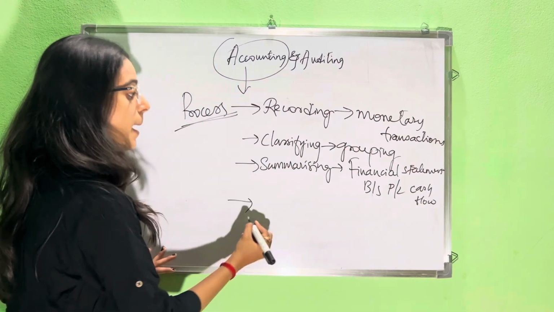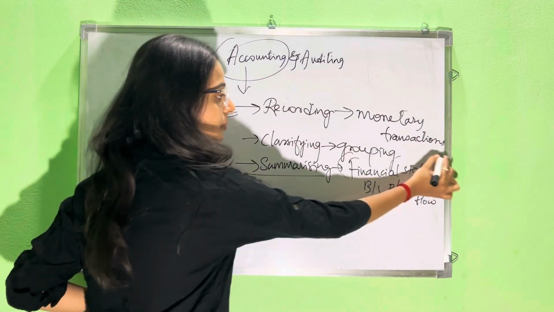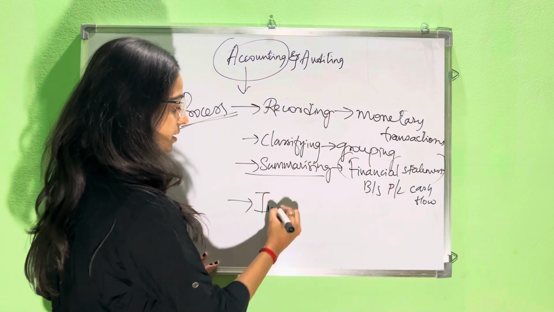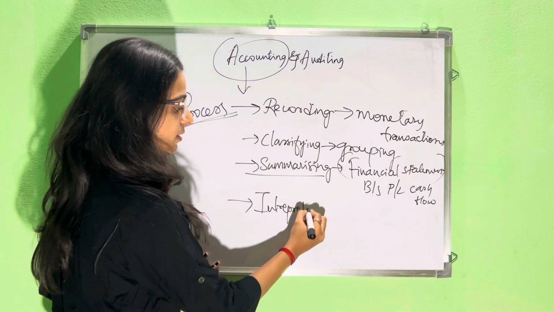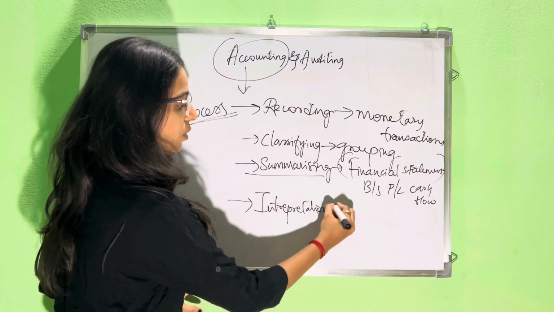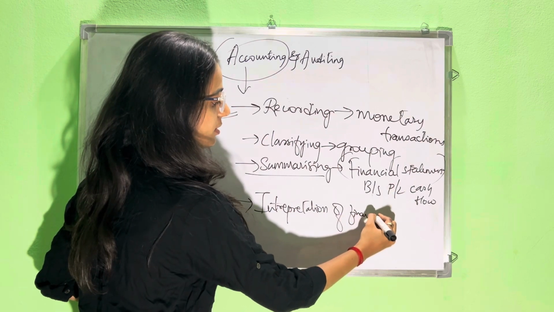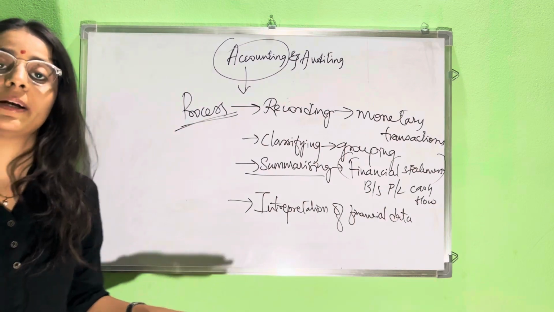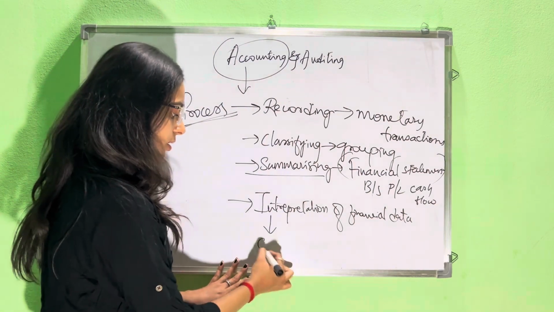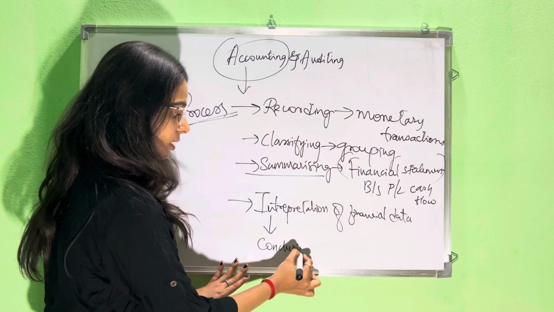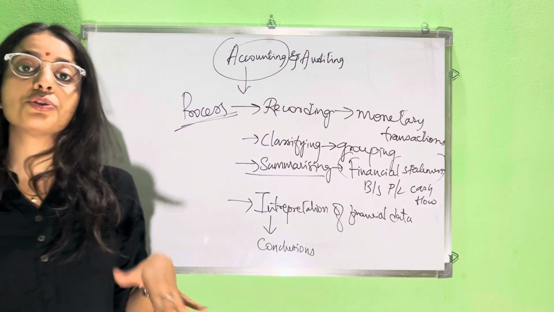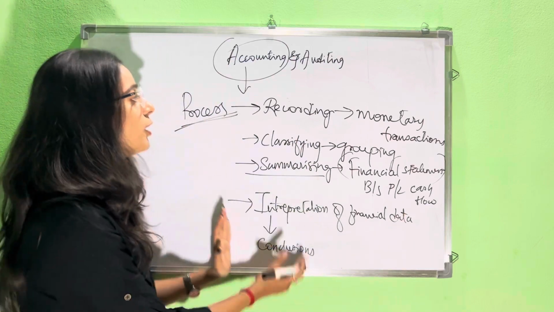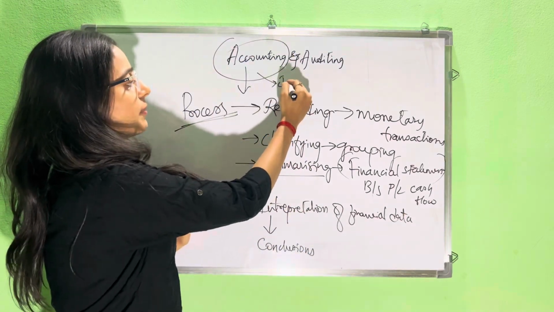And then, based on what we have summarized and prepared in these financial statements, the final step that we look into is interpretation of financial data. We come to the conclusions. Conclusions based on various categories or parameters for which we are referring to this accounting information.